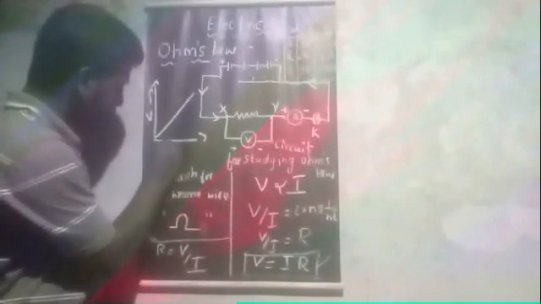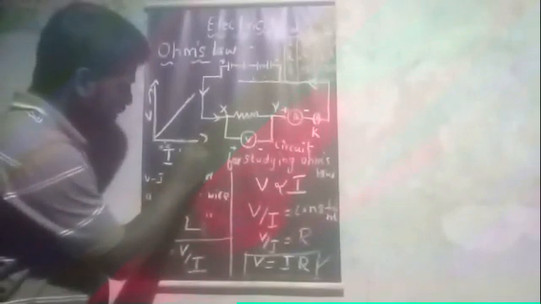Nothing but he will draw the graph after taking those readings. Suppose this is 0.5, this is 1, this is 1.5. So you are getting here values 1 volt, 2 volt, 3 volt.